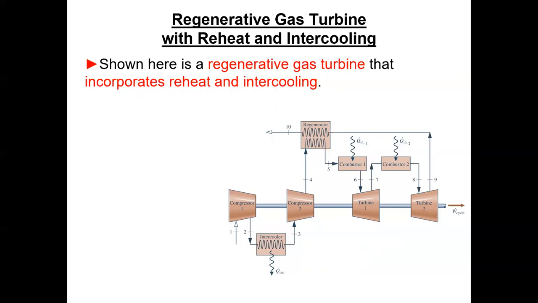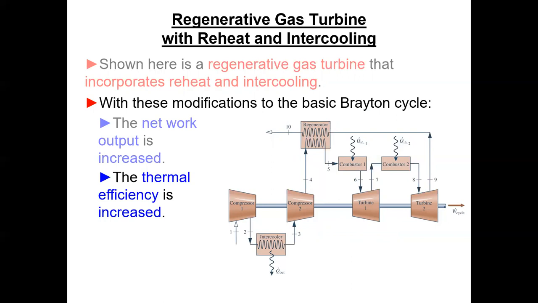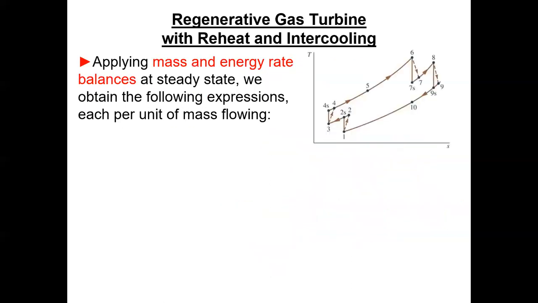We come out of that, and then there's no augmentation from 7 to 8, just additional heating. But we're reheating, and we know that helps us. So a lot of stuff going on in the cycle. Okay, so we get what? The net work output increases. We get better efficiency.